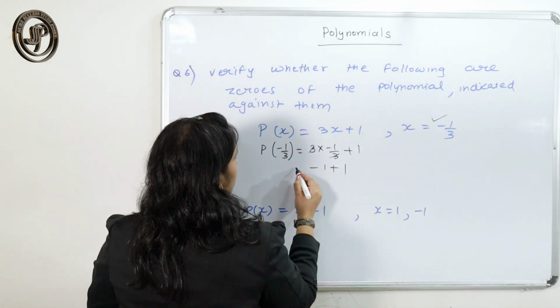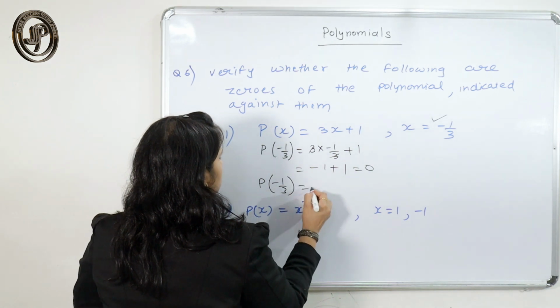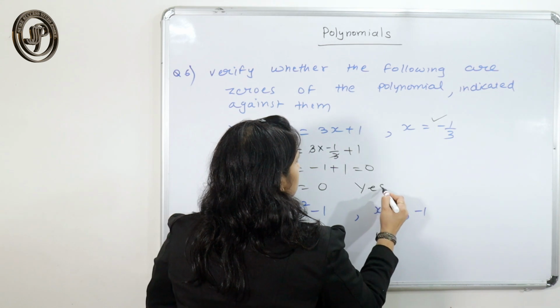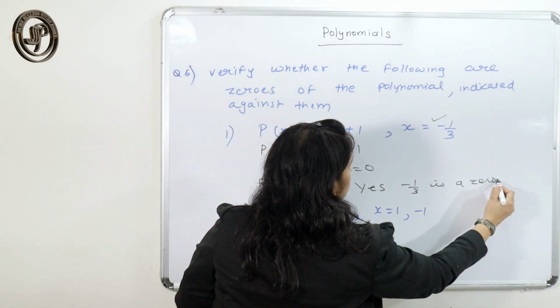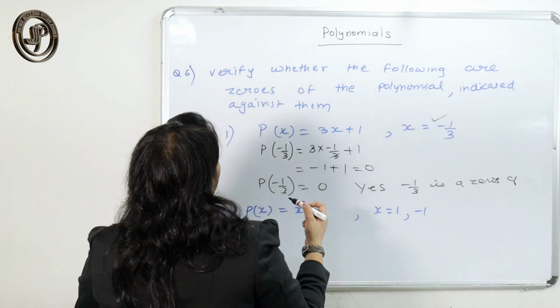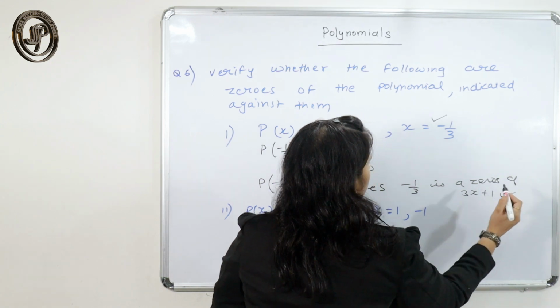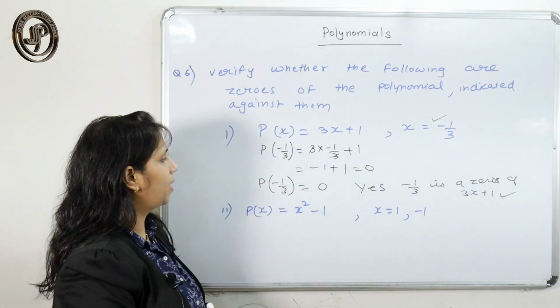What am I getting after substituting this? I am getting the value 0. So yes, minus 1 by 3 is a zero of the polynomial 3x plus 1. If you put that equal to 0, you get minus 1 by 3.